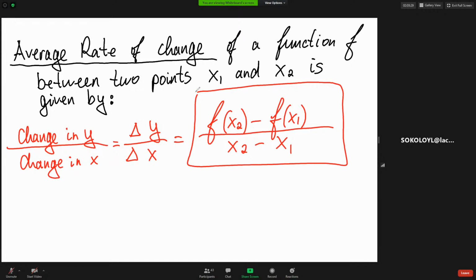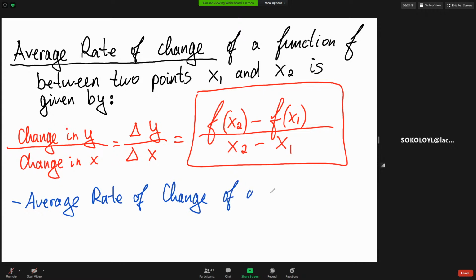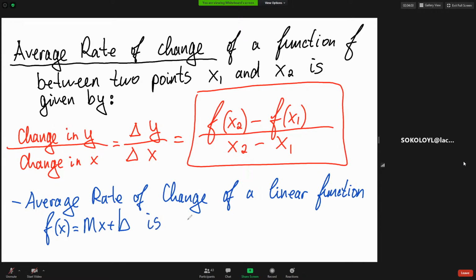And we have a theorem which we're going to state. The average rate of change of a linear function, and again, a linear function can be given in the form f of x equals mx plus b, is always m.